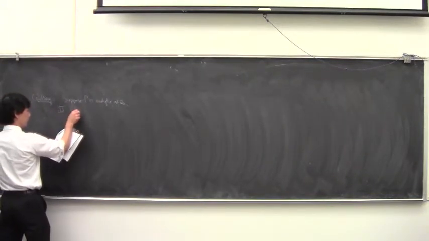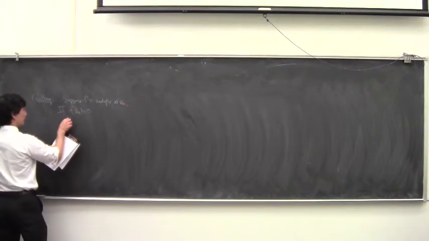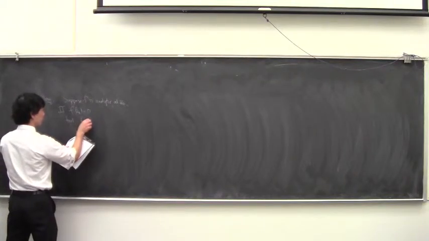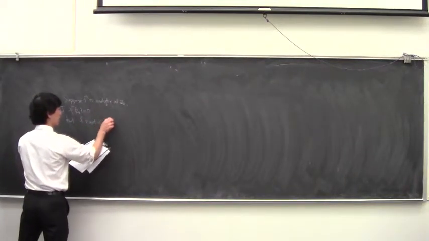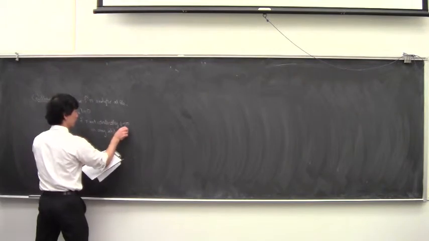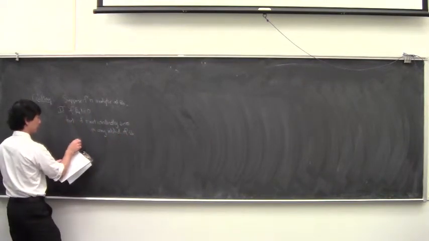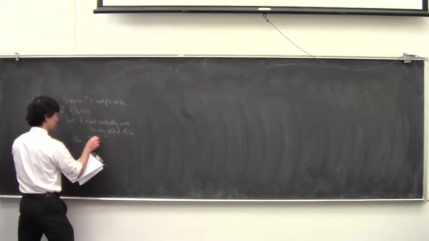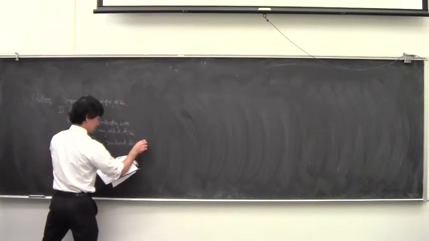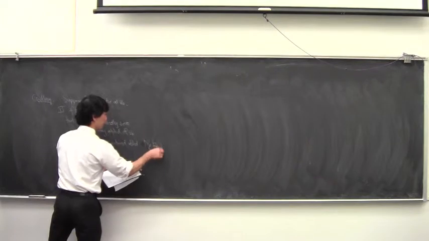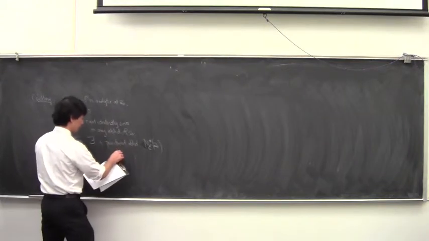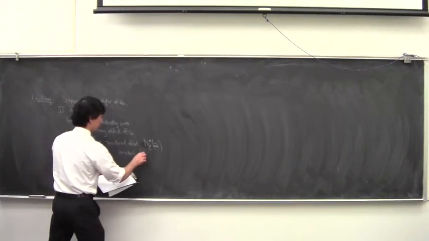If f of z0 is 0, but f is not identically 0 in any neighborhood of z0, then there exists a punctured neighborhood, an epsilon neighborhood of z0 excluding z0 itself, in which f is nonzero.